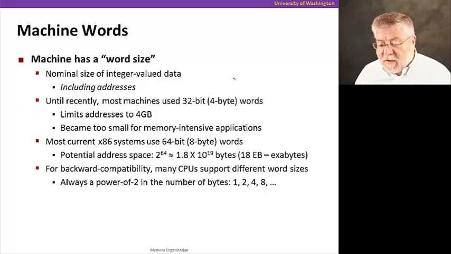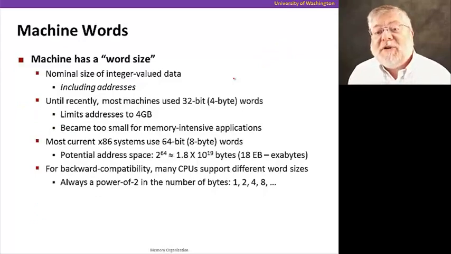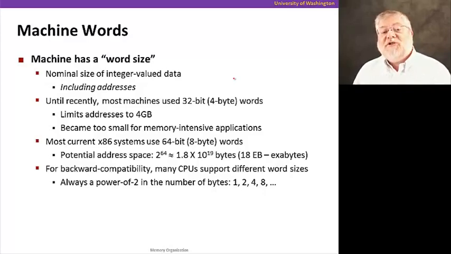All right, so let's talk a little bit about machine words. I've been mentioning that maybe we'll have machines with 32-bit addresses or 64-bit addresses. That amount corresponds to the word size of the machine. The word size is also the nominal size of all the integer values we use.